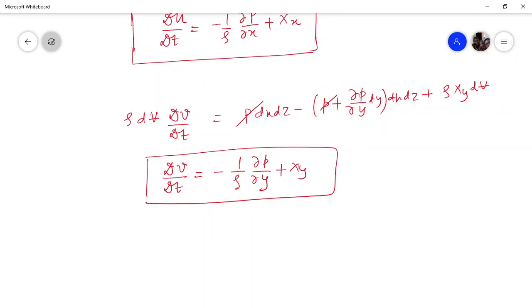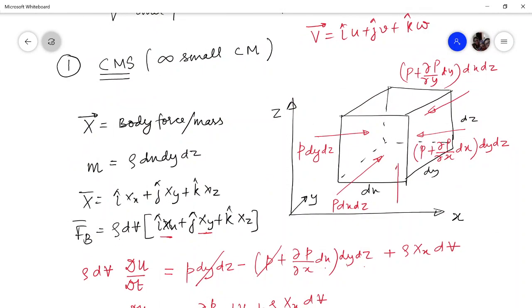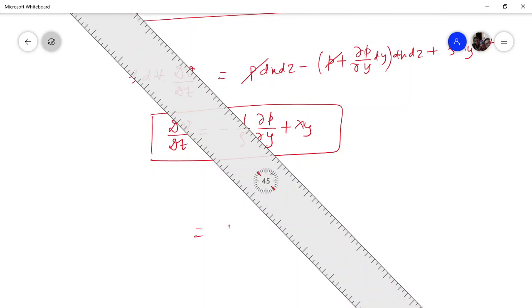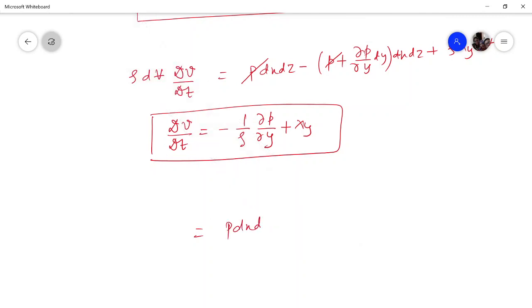Likewise you can go for the z direction. A very similar approach applies. It is P dx dy, and after a distance of dz, it is P plus ∂P/∂z dz times dx dy. So this is P dx dy minus (P plus ∂P/∂z dz) dx dy plus the body force, that is rho Xz dV in the z direction, and that will be equal to mass times acceleration in the z direction.